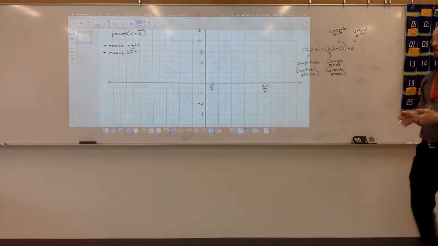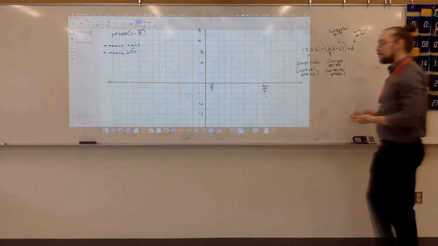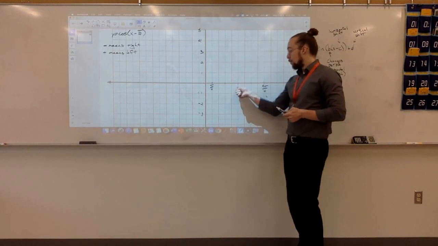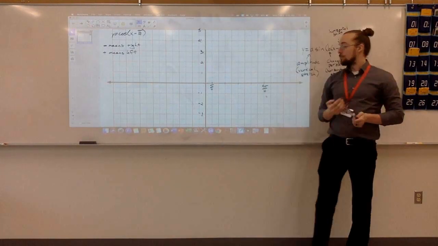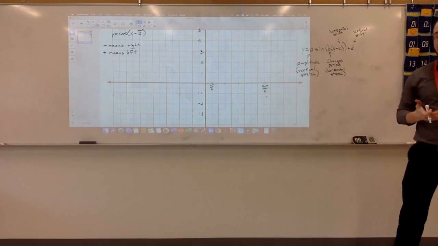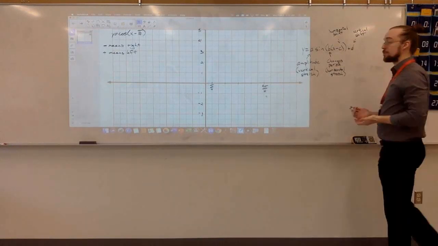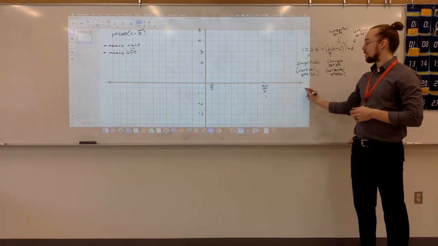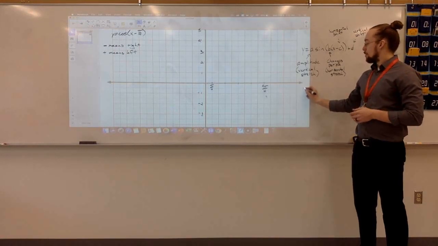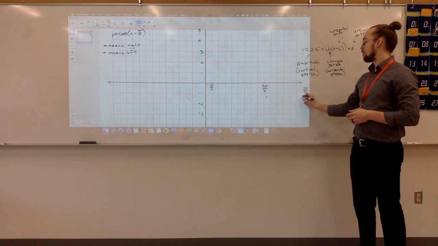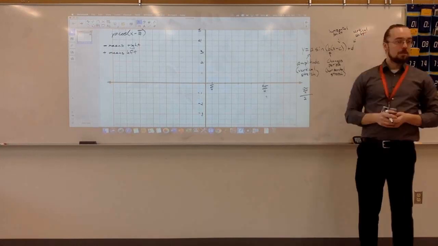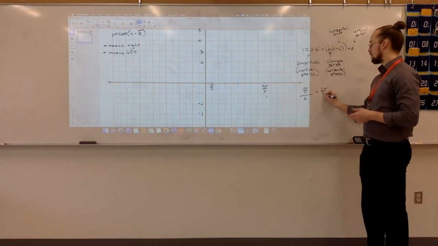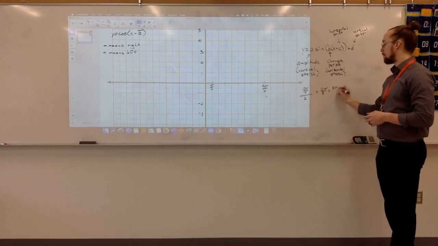So now we want to find our key points in between those. So this is where that average idea may be a little bit easier to find these values. So the point that's right in between pi over 4 and 9 pi over 4, I add those together and take the average. Right? So add pi over 4 and 9 pi over 4 and divide by 2. So that would be 10 pi over 4 divided by 2, which would be 10 pi over 8 or 5 pi over 4.